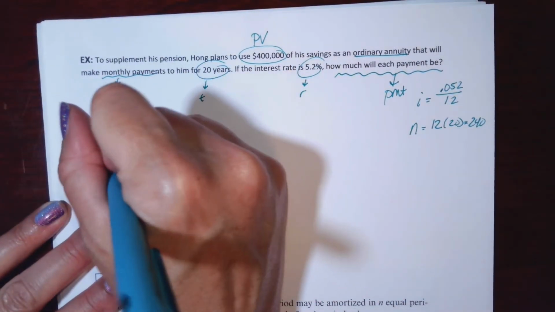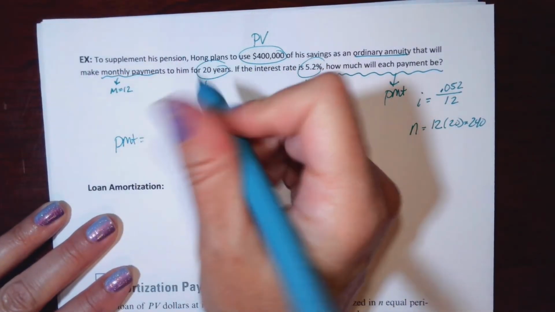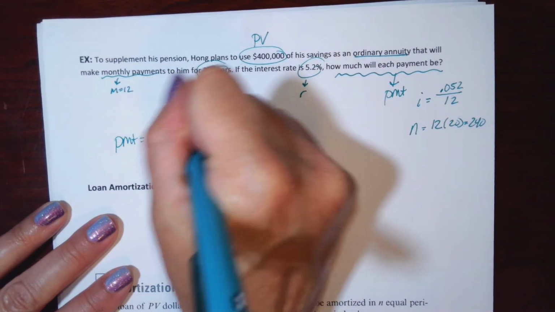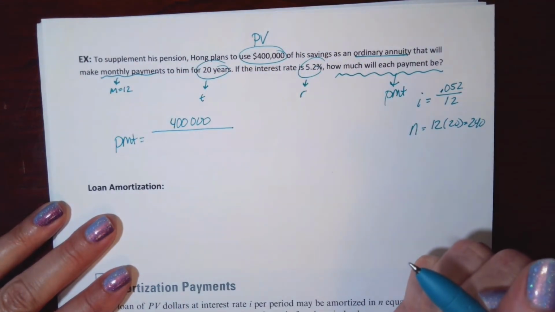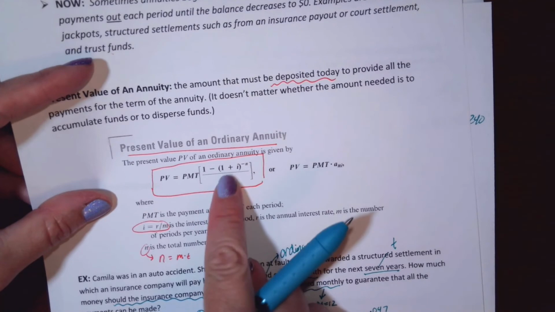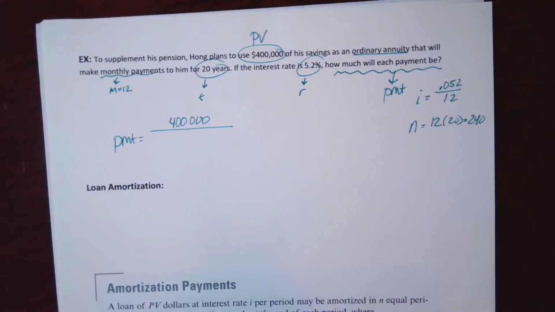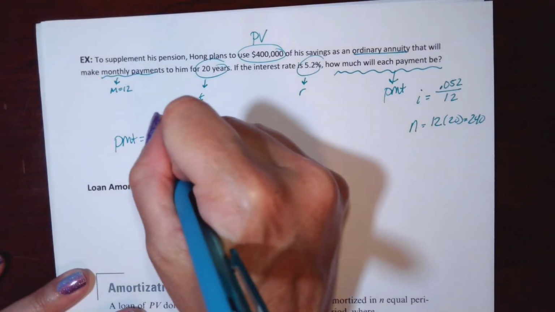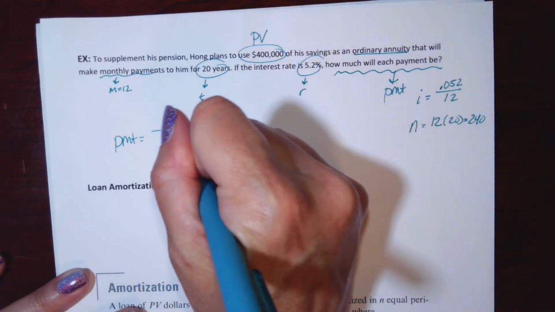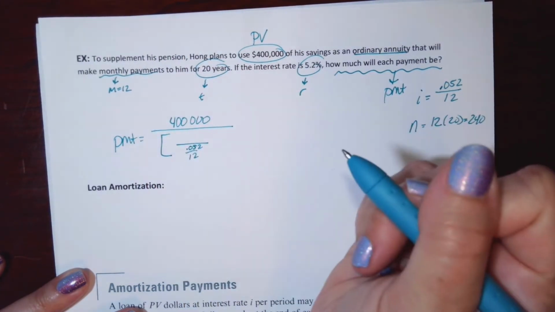So I'm solving for payment. That's going to be equal to the present value. He's got $400,000 divided by, and looking back at that chunk in brackets, that's what goes in my denominator. So I is 0.052 over 12.